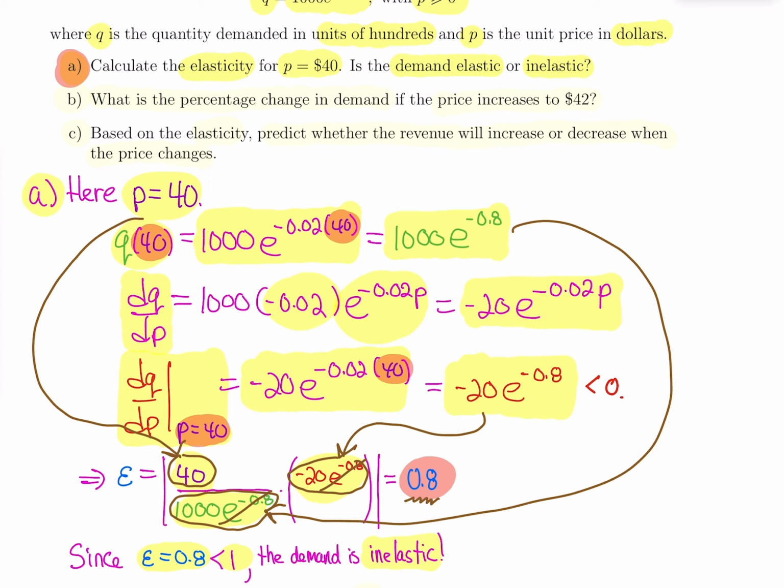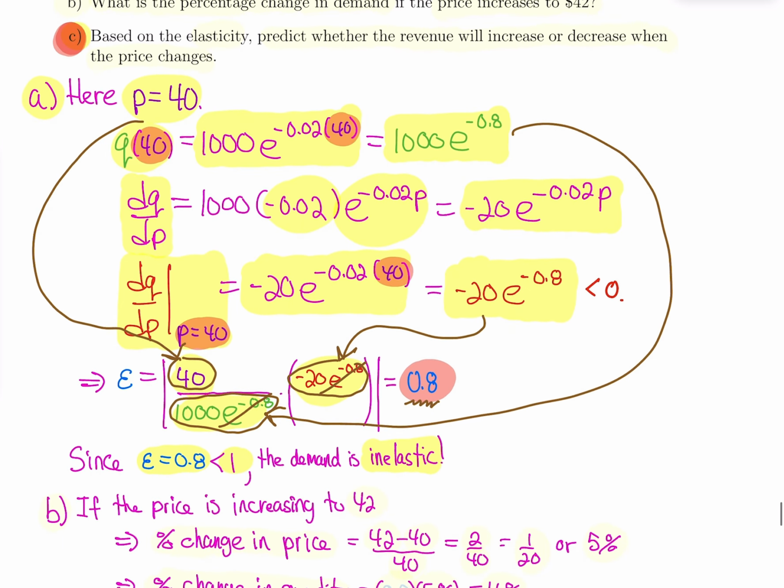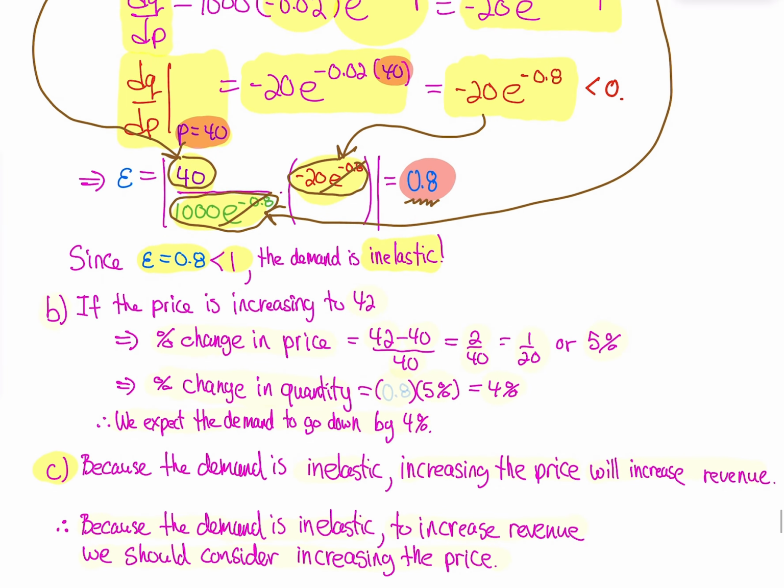Typically, I like to comment on what it means right away. So if we do part C first, based on the elasticity number, let's predict what we should do with the revenue. Should we increase or decrease the price to make more cash?